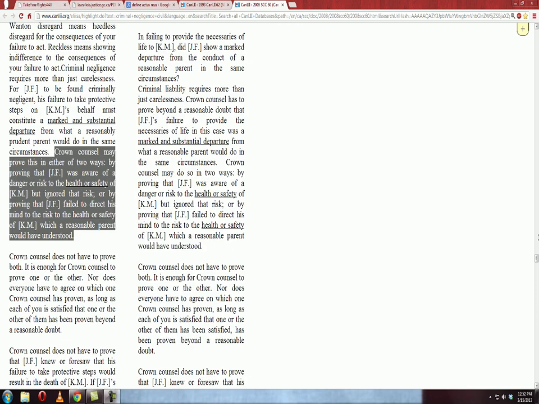So, it is said here that Crown Counsel may prove this in either of two ways: by proving that JF was aware of a danger or risk to the health or safety of KM, that was the child, but ignored that risk, or by proving that JF failed to direct his mind to the risk to the health or safety of KM, which a responsible parent would have understood.